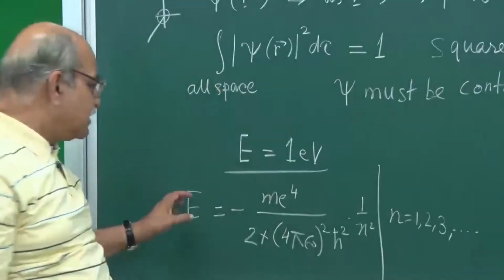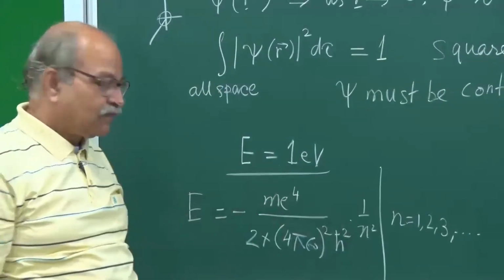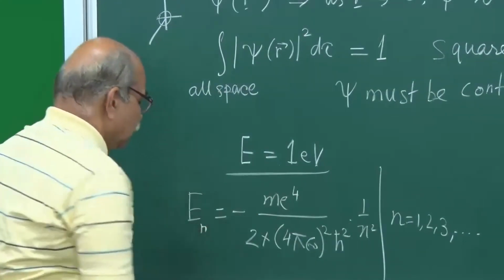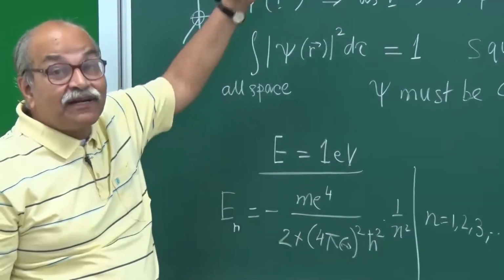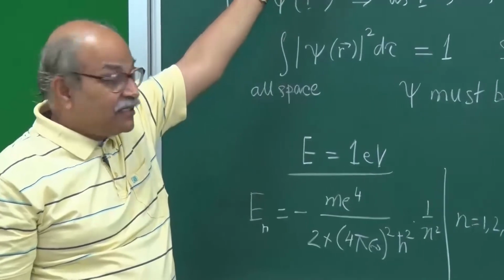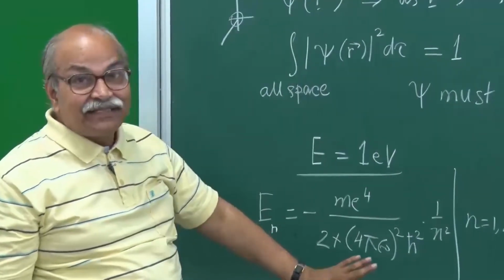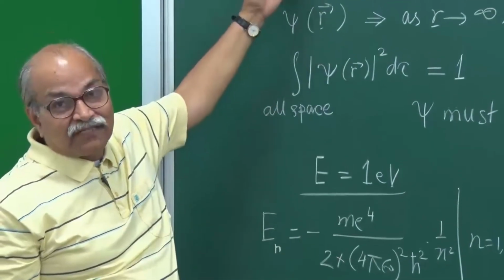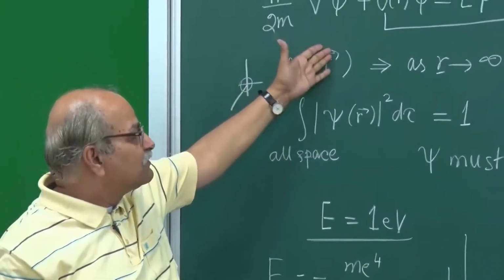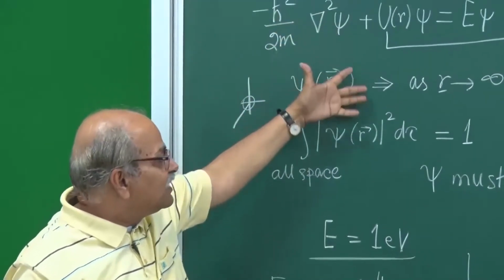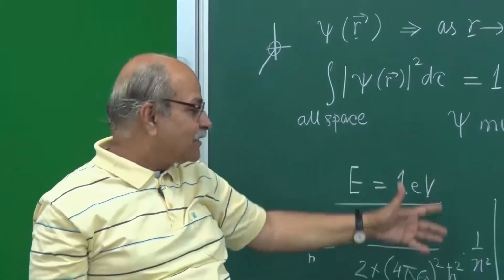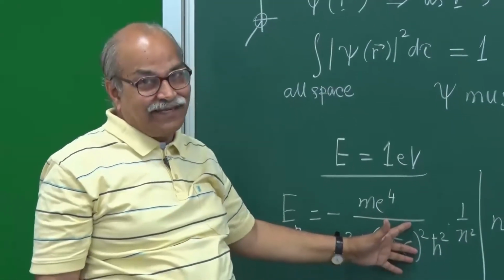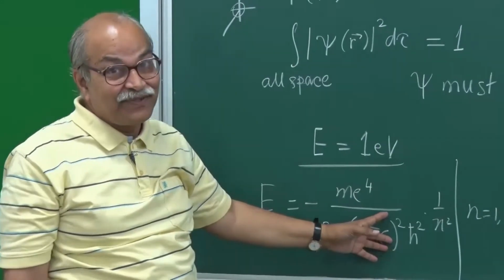Only for these values of energy, you can write it as E n. Only for these values of energy there are some functional forms psi, and if you put anything else, then you do not have functional forms psi which satisfy the equation as well as these conditions on psi. So these are the allowed energy states according to the Schrödinger equation.